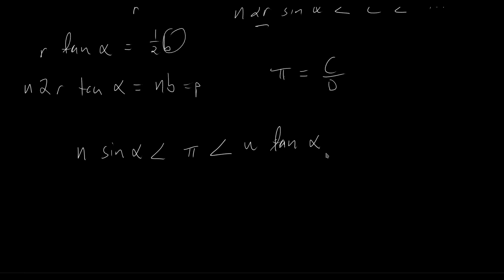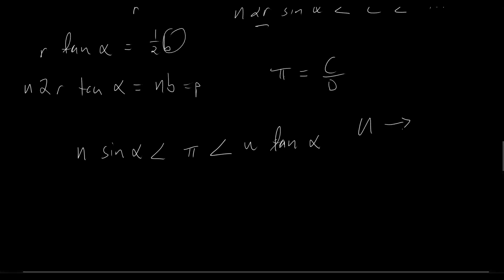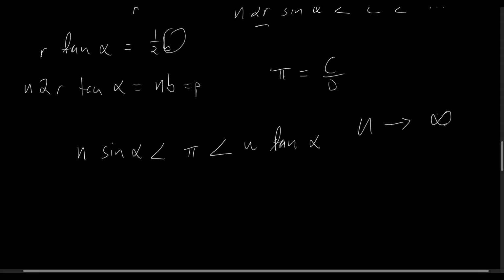Now as n goes to infinity, we'll get more accurate values of pi, or the lower and upper bounds of pi. I'll use the lower bound for this, and we'll take n to equal 96 sides, the 96-sided polygon that is inscribed into the circle.